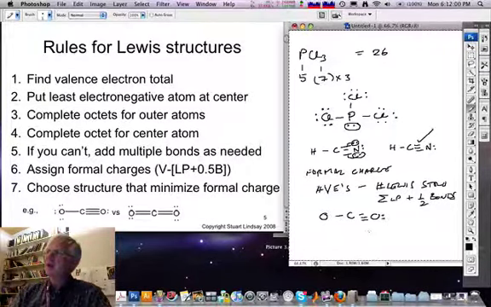So now the oxygen has an octet, the carbon has 4 valence electrons, and the oxygen can be made up to an octet like this. But to do this now, we have had to assign 1, 2, 3, 4, 5, 6, and then a half of this bond, 7 electrons to the oxygen. So the oxygen has a valence of 6 minus 7. That means the formal charge is minus 1.